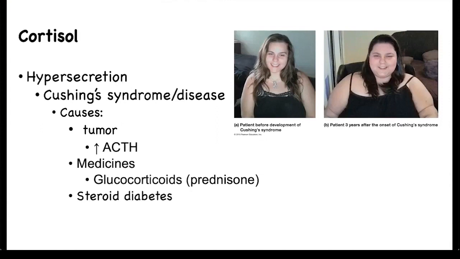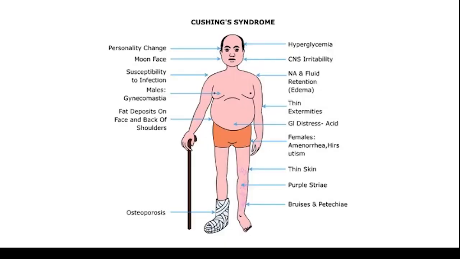Both of these can lead to a condition called steroid diabetes, elevated blood glucose levels, but this is in response to increased levels of glucocorticoids, not a decrease in insulin. Stop the video and try to determine the causes for the signs and symptoms of Cushing's syndrome.